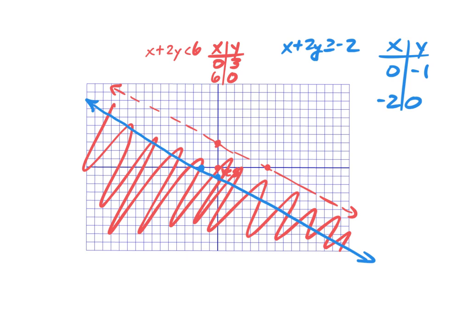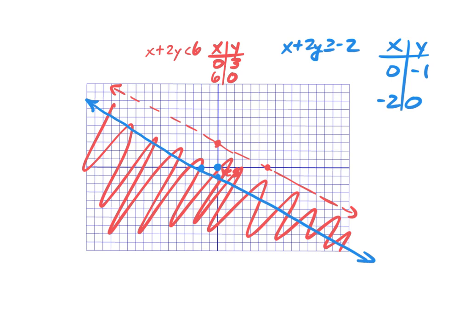Okay, what do I notice about those two lines? They're parallel, okay? When we had parallel lines earlier, we said there's no solution, right? That's not the case when we're shading. We're still talking about shaded regions. I still have to check a point here. So if I plug 0, 0 in, 0 plus 0 is 0.